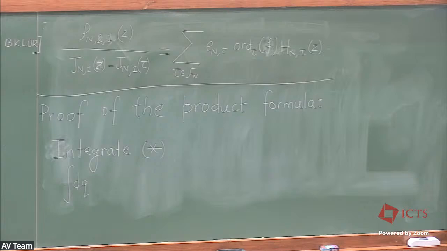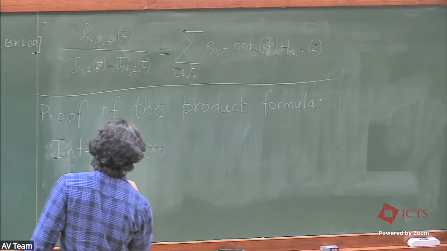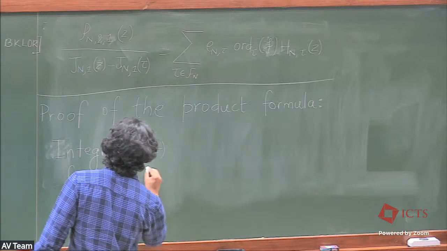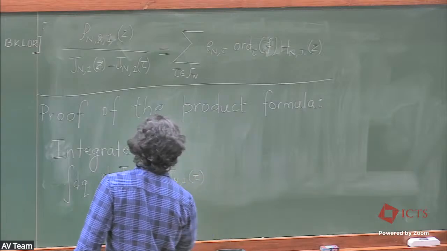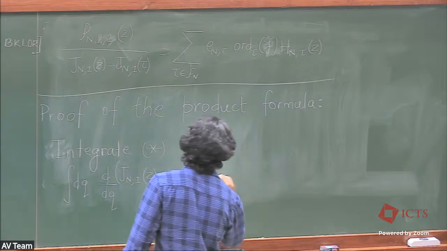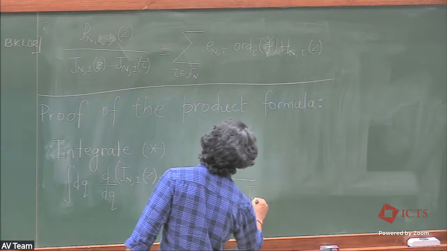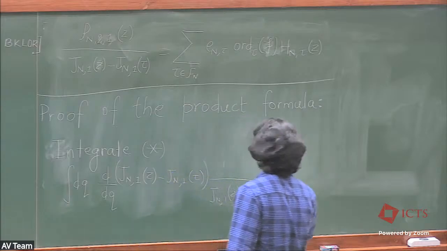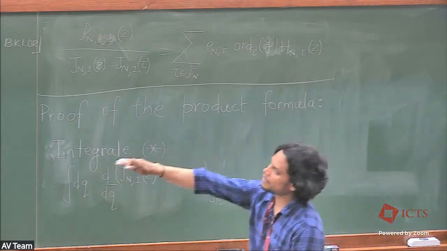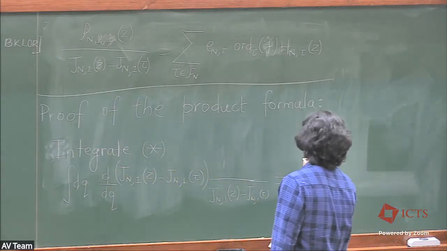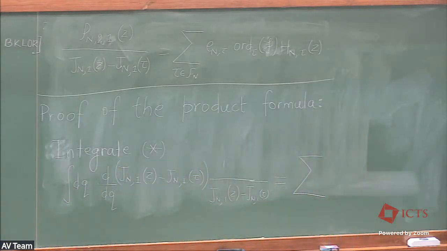So what I can do is write this, and I have removed the power of Q here, which I will pull out and send to the right-hand side. So on the right-hand side, I will have this equation.